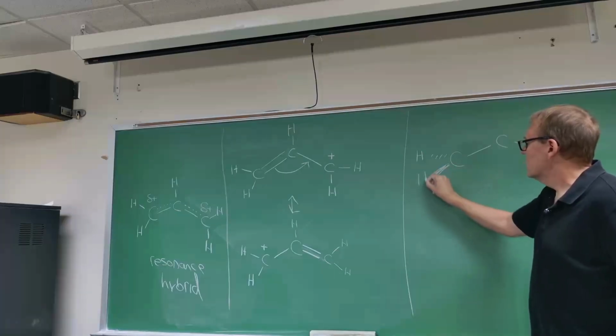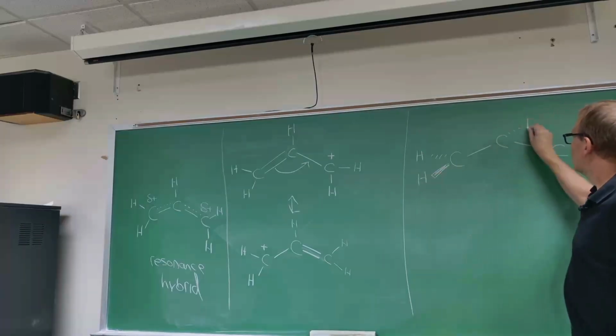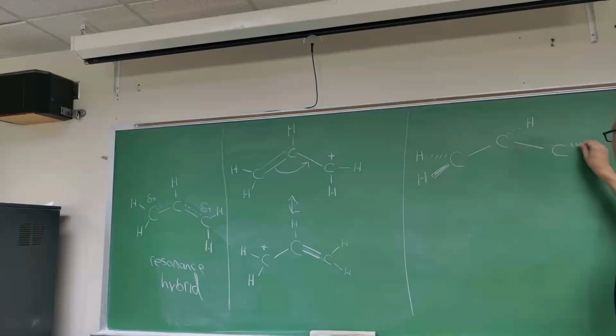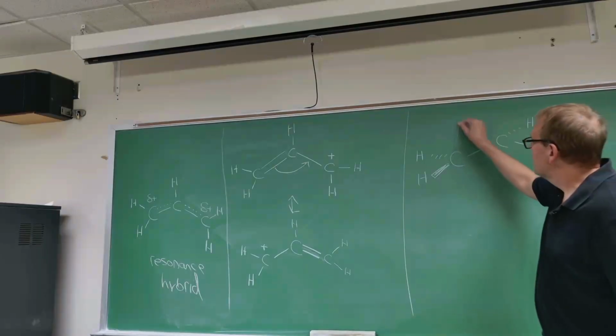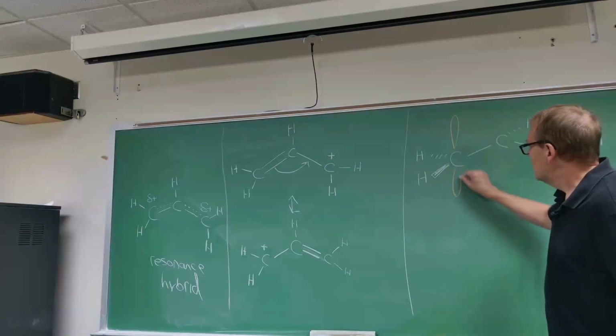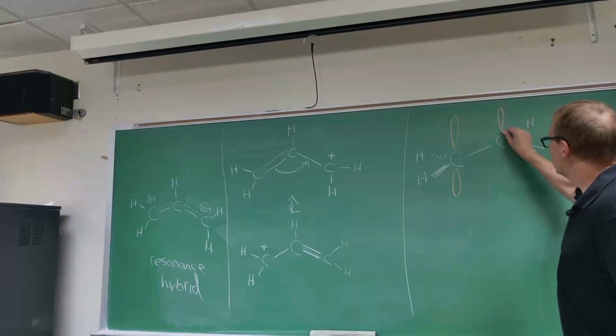I'm going to draw them in. This is an edge view of the molecule, trying to represent it as a three-dimensional molecule. And I am going to draw the p orbitals in orange here.